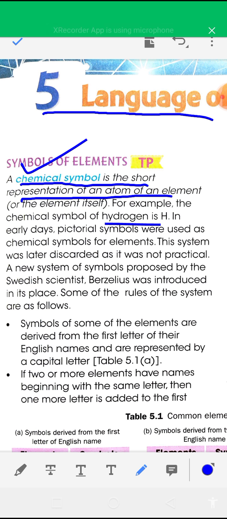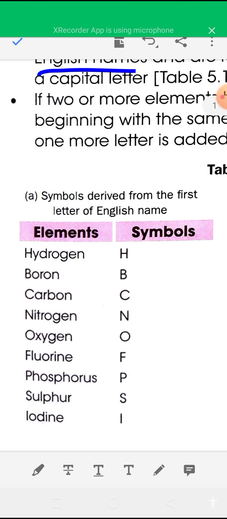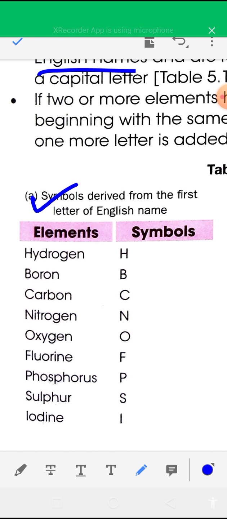To state the symbol of different elements, you have to follow some basic rules. First one is: symbol of some elements is derived from the first letter of their English name, and the symbol of these elements is represented by a capital letter, the first letter of their English name.